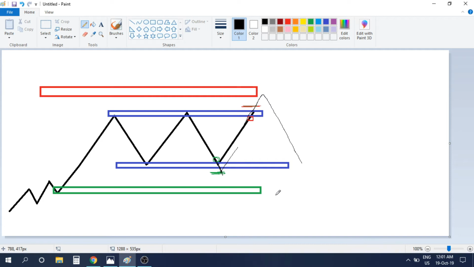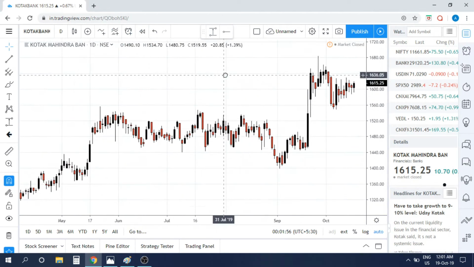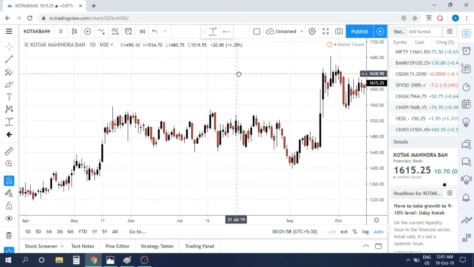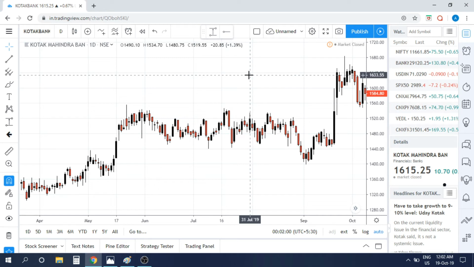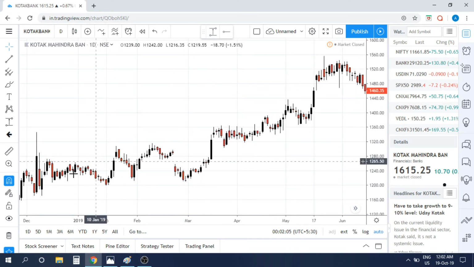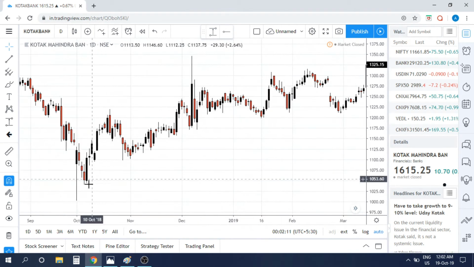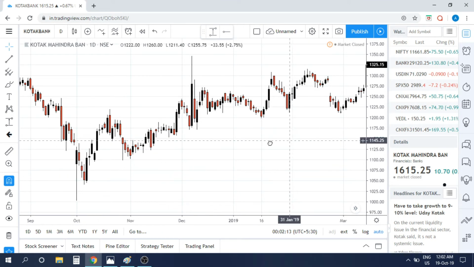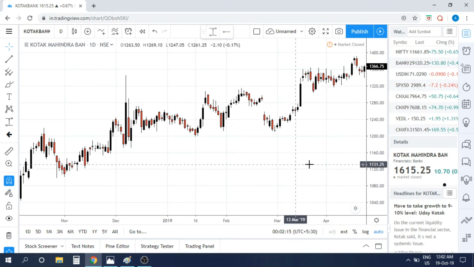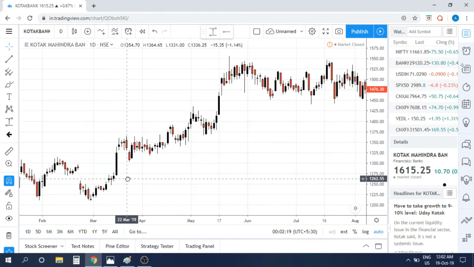So to make it more clear, let me show you an example of recent price behavior, of this kind of price behavior. If you would have noticed Kotak Bank on the daily chart, it was in a nice uptrend since the beginning of 2019, and much before that as well, since October 2018. It was in a nice rally phase, moving up.